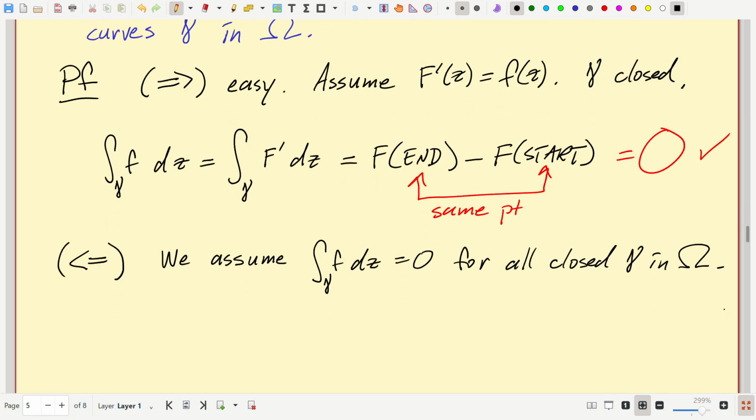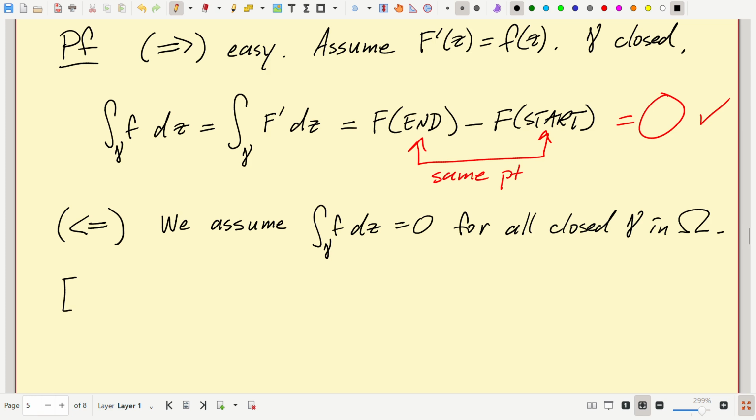So if I had an antiderivative, so this is a hypothetical, if I had F with F prime equals little f, here's what I could do.